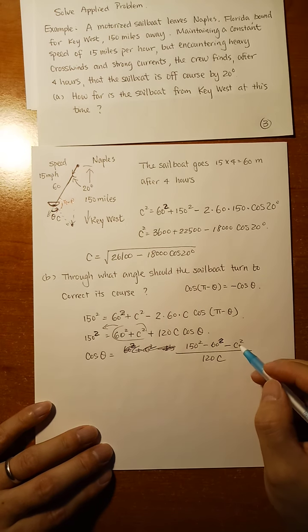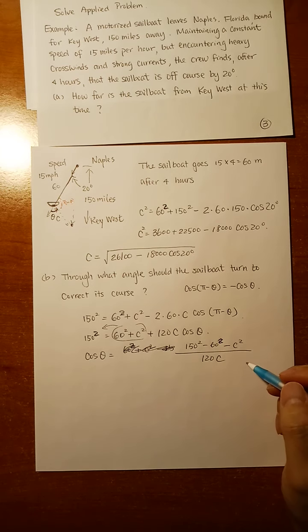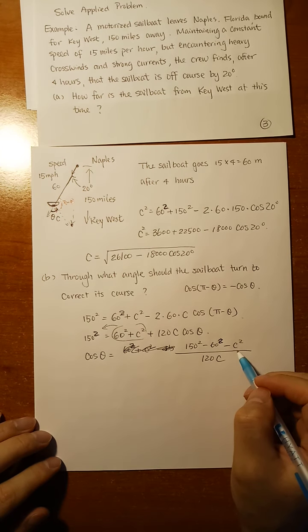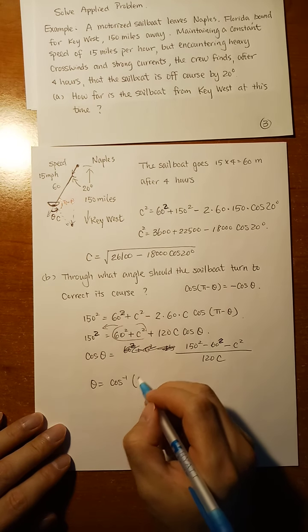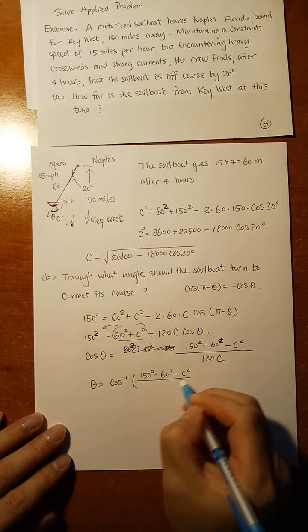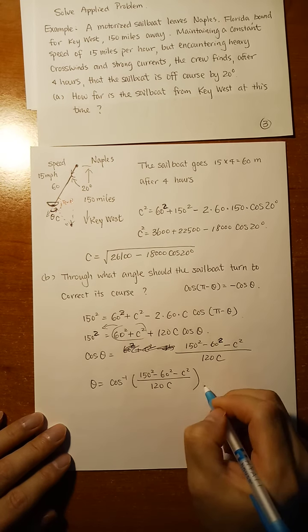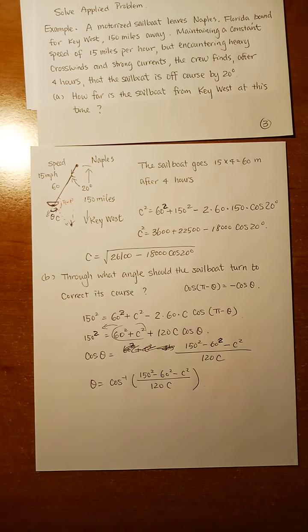I'm not going to copy this long quantity for C. Cosine theta is this number, so theta is going to be the cosine inverse of the whole thing. When you get theta, you will say turn the direction by this angle to head to Key West.